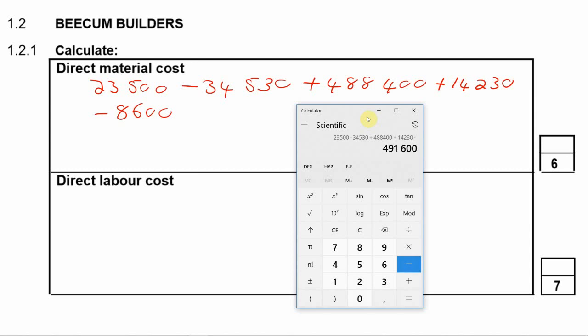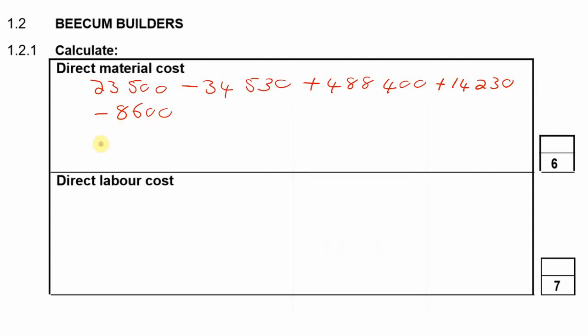And then we subtract that which we send back to the supplier. So 483,000 rand is in fact our direct material costs.